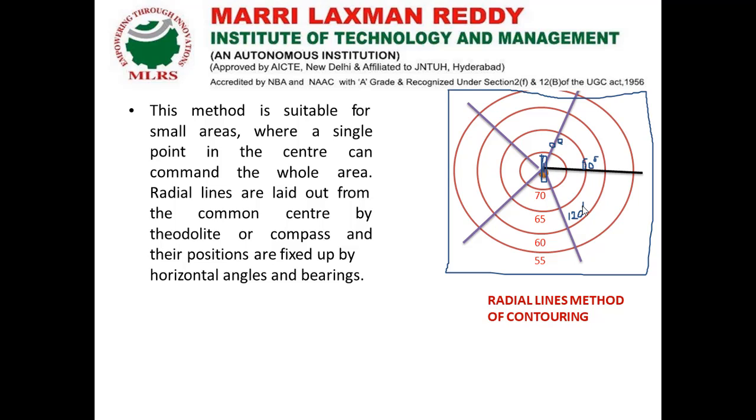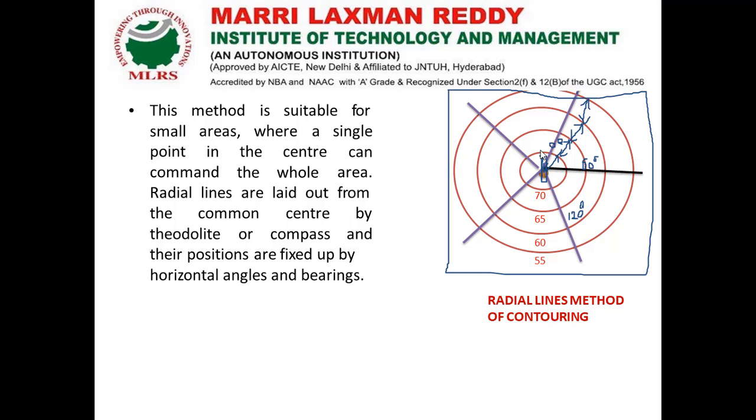On the 0 degree line, I have to keep the tape from 0 meter till the end of the site, at some common interval like 5 meter, 10 meter or 20 meter, based on the nature of the field. I take the leveling staff reading along the line of 0 degree, 60 degree, 120 degree, likewise.